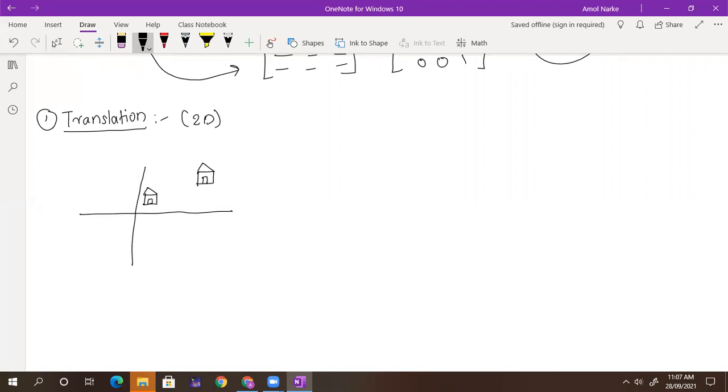Everyone understand what I'm trying to say? Initially I have my home at that place and I wanted to move that home from here to here. So how can you do that? What is the initial way?